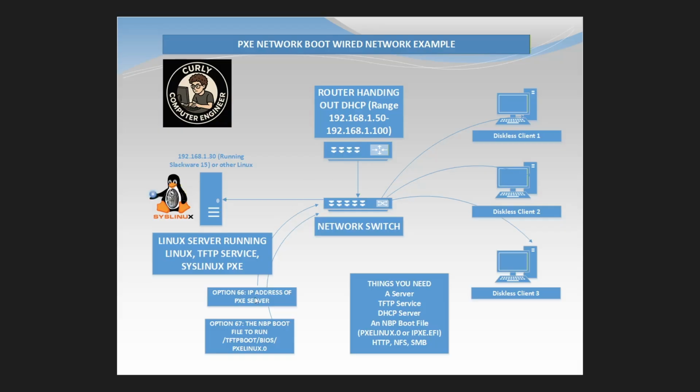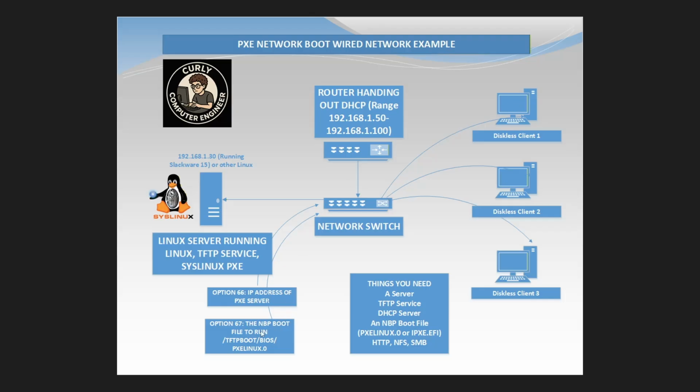And since we have these options programmed in here, it's going to take option 66 along with the IP that it gives the client, and it's going to pass it through the network switch, through the router, and back to the client. And also option 67, which is the network boot file or network boot program, and that's what actually gets this machine to start booting.